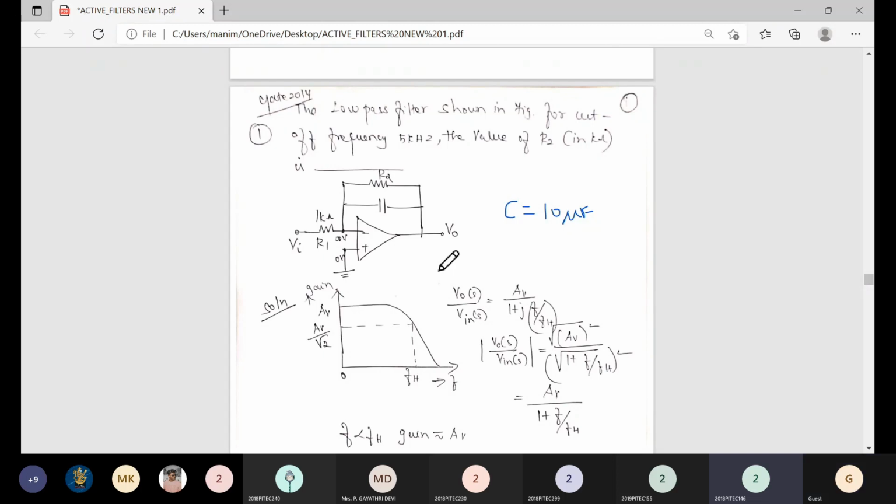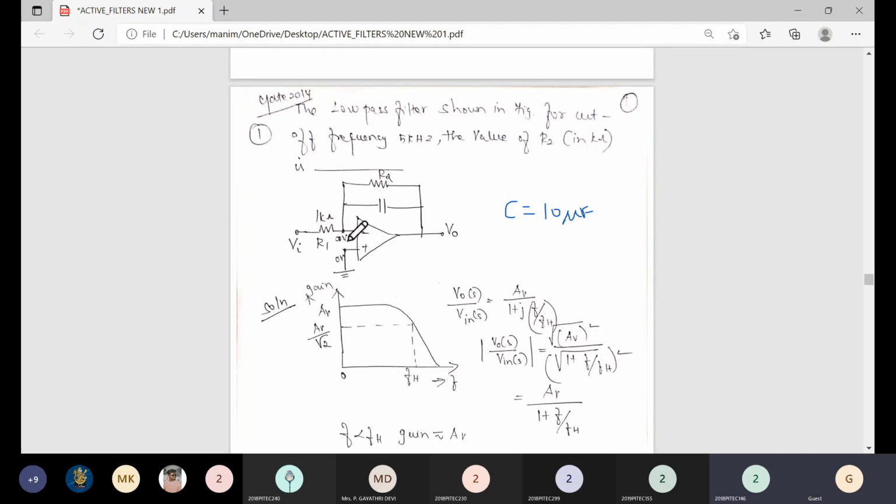You know that the amplifier has two terminals: the non-inverting terminal and the inverting terminal. The non-inverting terminal voltage is 0. For an ideal operational amplifier, whatever voltage is present at the non-inverting terminal should be present at the inverting terminal.